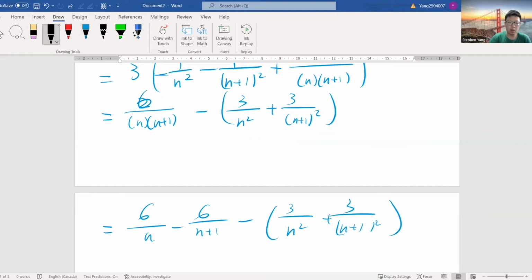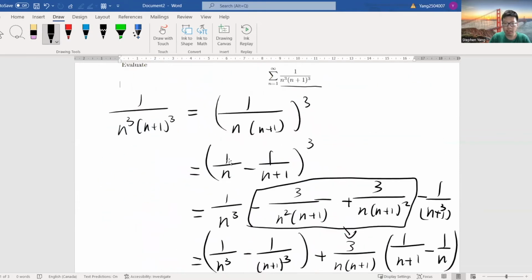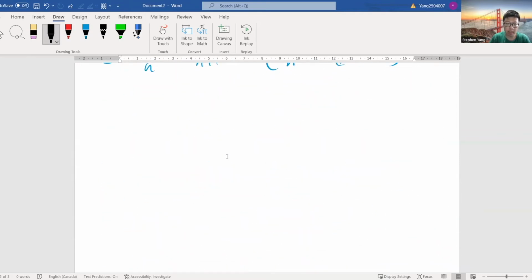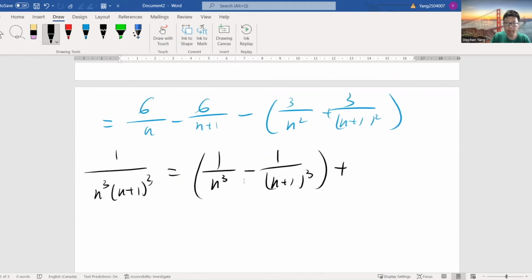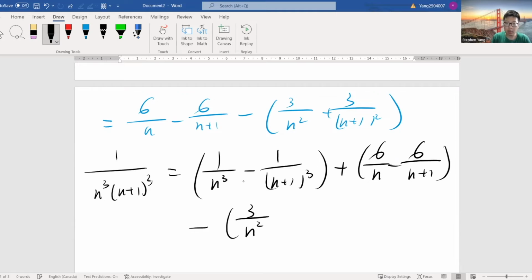After all this calculation, we find that 1 over n cubed times (n plus 1) cubed is equal to 1 over n cubed minus 1 over (n plus 1) cubed, plus 6 over n minus 6 over (n plus 1), and then minus 3 over n squared plus 3 over (n plus 1) squared.